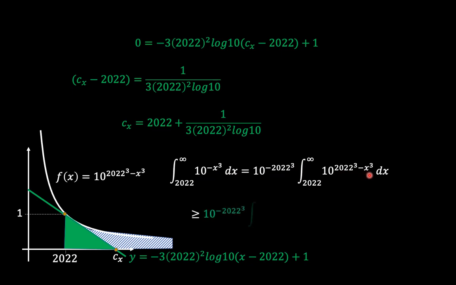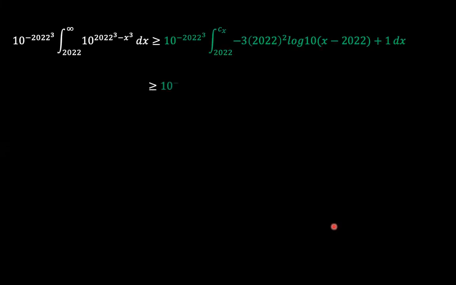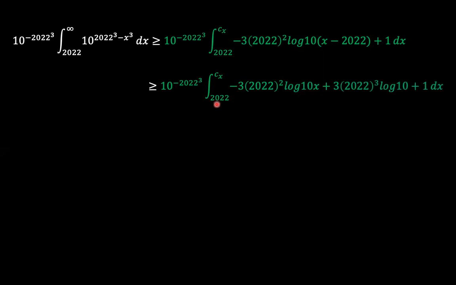And since that is greater than 10 to the power negative 2022 cubed times the integral from x equals 2022 to the x-intercept here, we can move forward and say that this is the same as, opening up the brackets, this constant times the integral from x equals 2022 to Cx of negative 3 times 10 to the 2022 squared log 10 x plus 3 times 2022 cubed log 10 plus 1. So this is a constant.